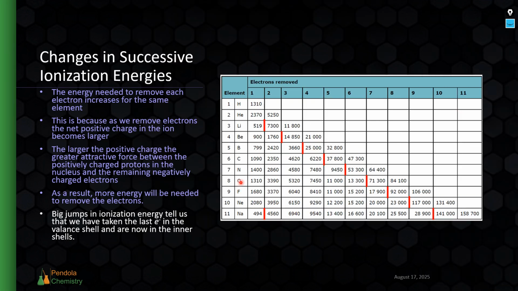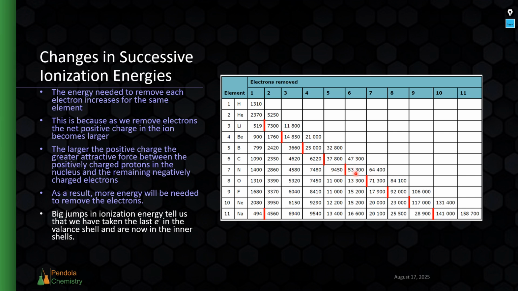If we look at nitrogen, we'll see that it goes from 1400 to 2860, 4580, 7480, 9450, and then it jumps from 9450 up a little more than 40,000 kilojoules to a successive ionization energy 6 of 53,300.